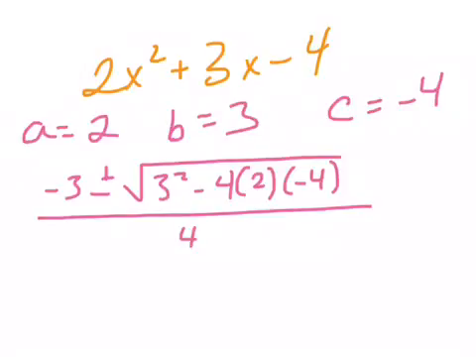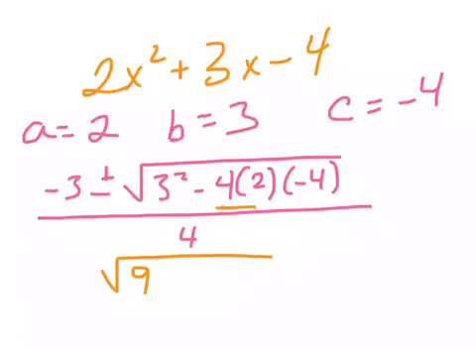Alright, so we'll continue this process and start simplifying. I like to begin the simplifying in here. This part of it is called the discriminant. We're going to talk a little bit more about that in detail later, but I like to start in here. Order of operations, this is where we have to start. So we'll do 3 squared, which is 9. Negative 4 times 2 is negative 8.